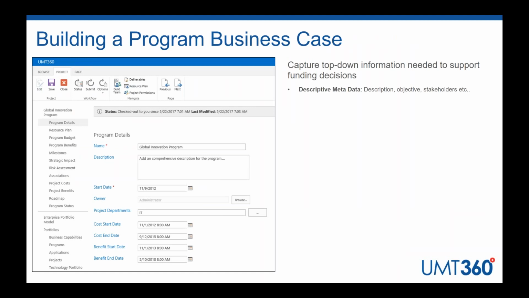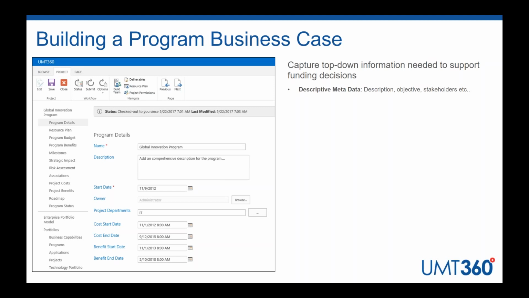So let's look at some of the information we may want to capture in a program business case. This can be as lightweight or as heavyweight as you need it to be. Obviously, we want to capture and consolidate the right information to support ongoing funding decisions around these efforts.